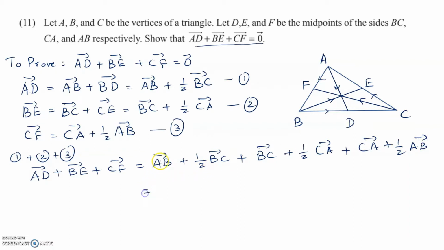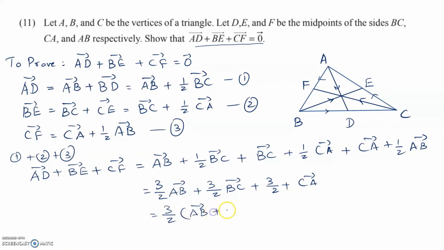Okay, further simplifying, AB and half AB will become 3 by 2 AB vector. Similarly, 3 by 2 BC vector plus 3 by 2 CA vector. So 3 by 2 is common, so if we take it out, 3 by 2 into AB vector plus BC vector plus CA vector.